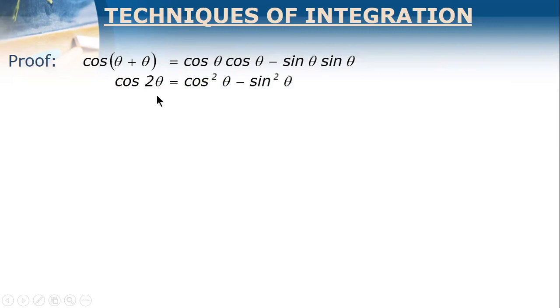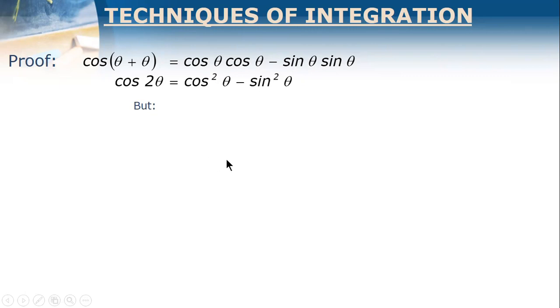So, cosine 2 theta, cosine theta gives cosine squared, and sine theta gives sine squared. This is the first identity for cosine of 2 theta. It is equal to cosine squared theta minus sine squared theta.